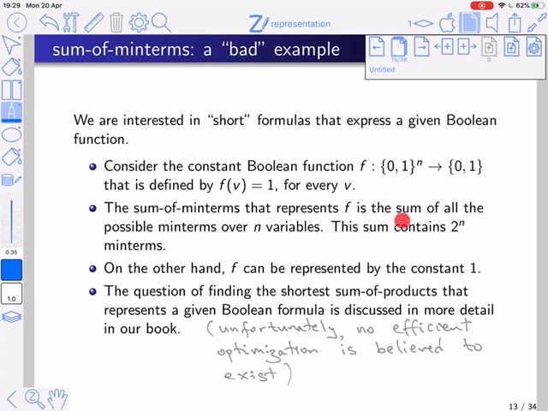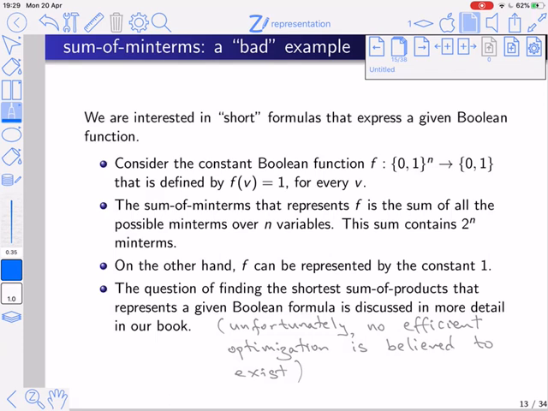So our method of creating a sum of products formula that expresses f is highly inefficient in this case. So the question of finding the shortest sum of products that represents a given Boolean formula is an interesting question, and it is discussed in more detail in our book.